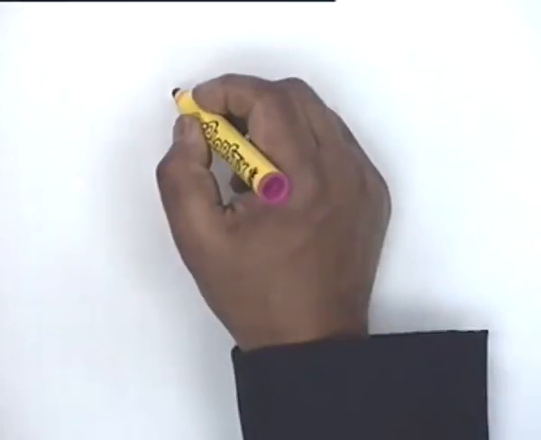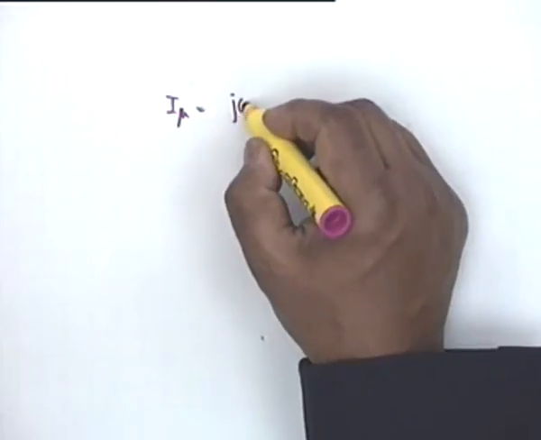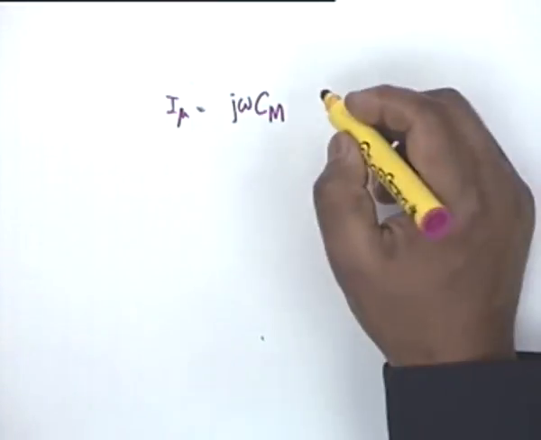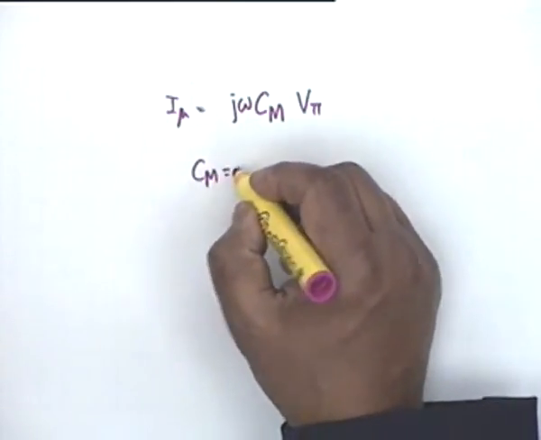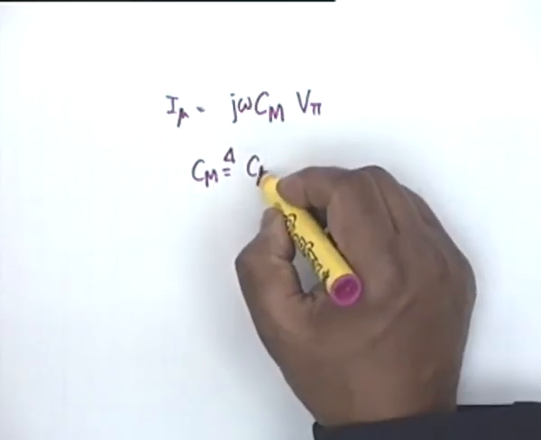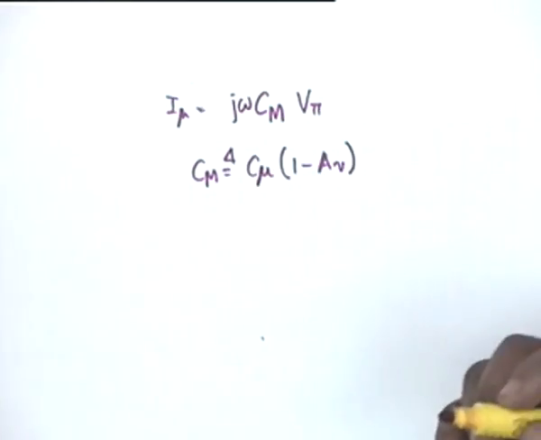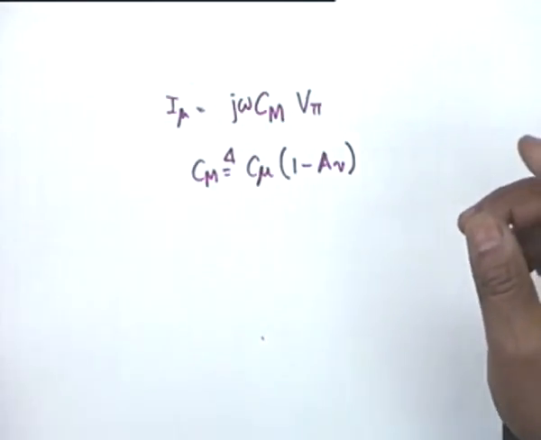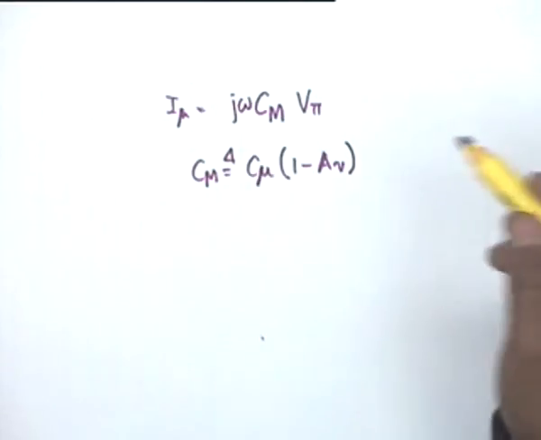Now, it would have been very nice if this was a real quantity. Well, what I can write is I sub mu equal to j omega C capital M multiplied by V pi, where Cm is defined as C mu times 1 minus A sub V. If I define this as an equivalent capacitor Cm, then Cm shall be given by this.